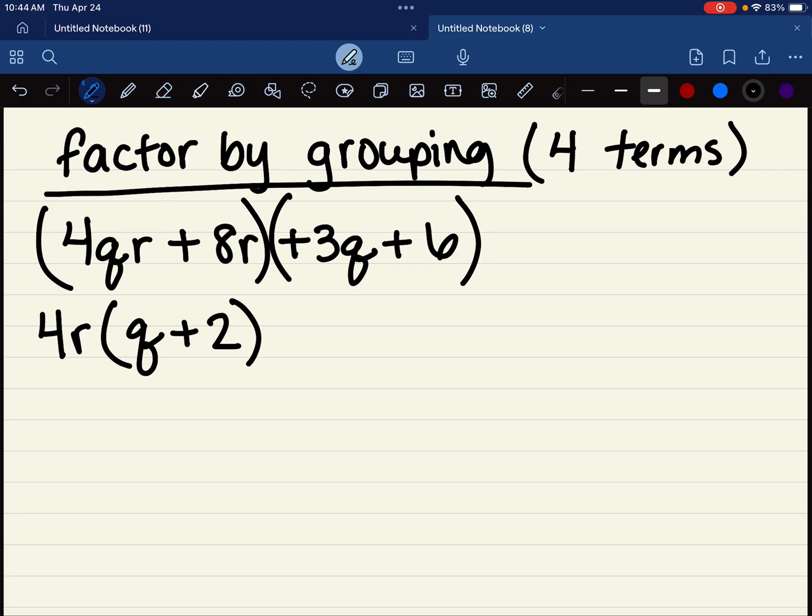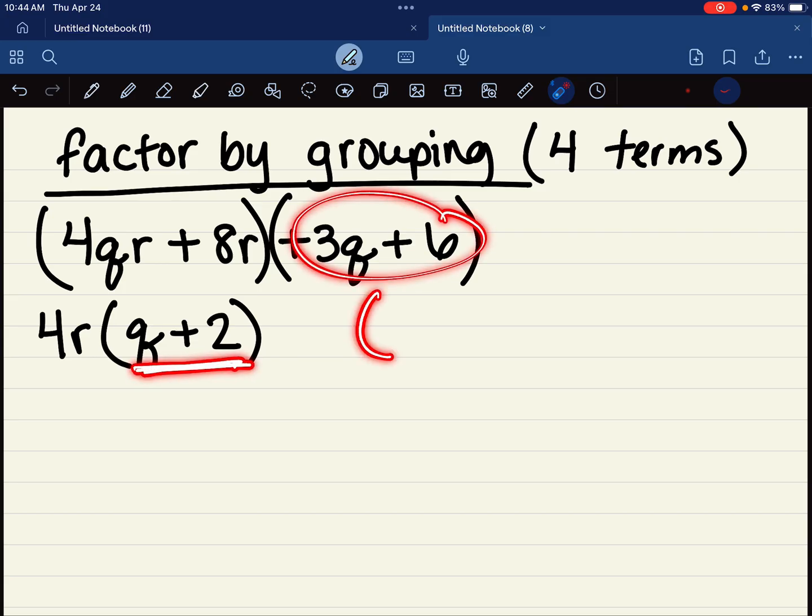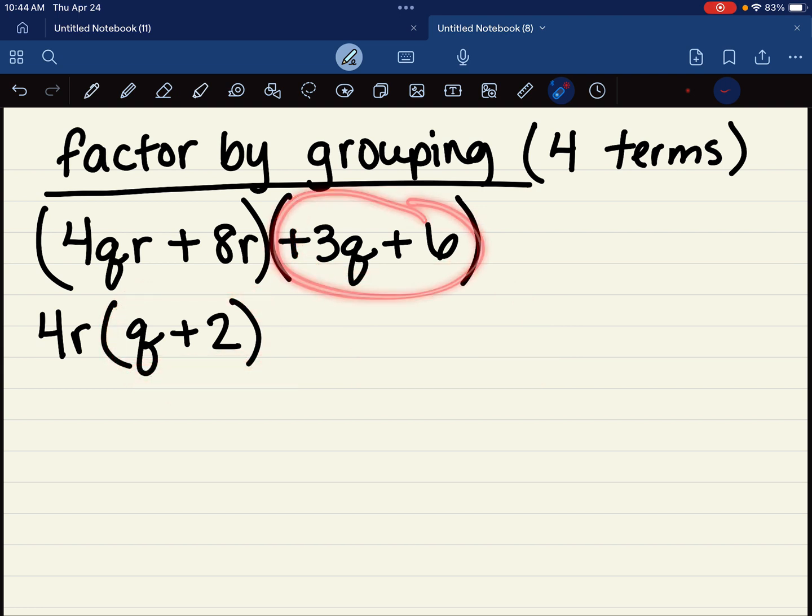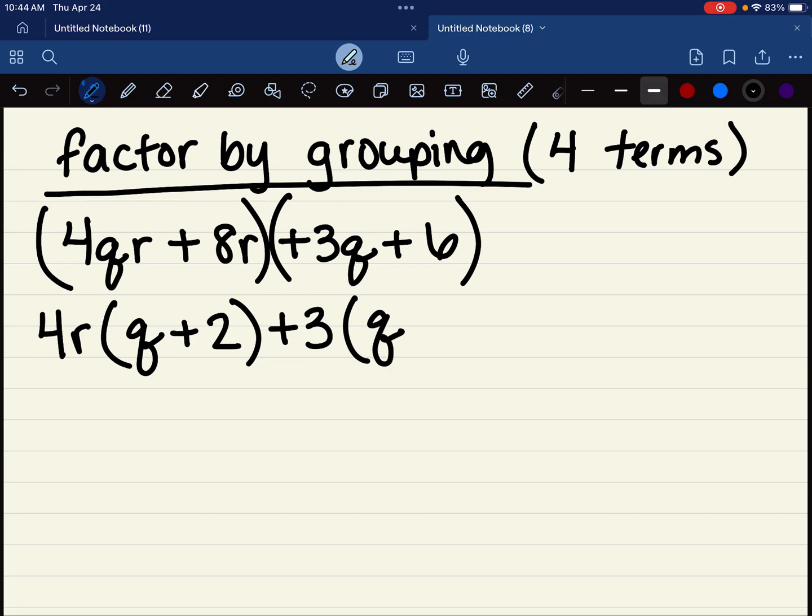Do you think we're going to do the same thing to the second set of parentheses? Yes. Now I'm going to give you a hint. Whatever I get in this first parentheses, when I factor the second set, I also want to have this exact same thing. So what could I factor from this that would leave me with Q plus 2? 3. Positive 3 or negative? Positive 3. If I divide my first term by 3, I'm left with what variable? Q. Plus 2. 6 divided by 3 is 2.